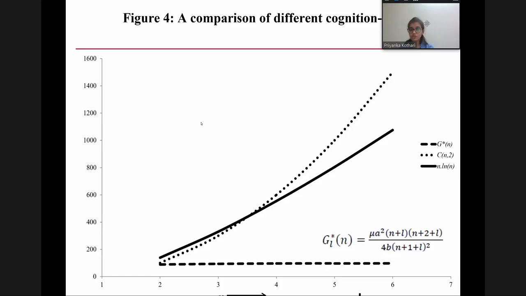And we have also calculated a critical cost function, which is given by G star over here. The bottom curve is the cost function G star. And the dotted one is the cost function represented by NC2.